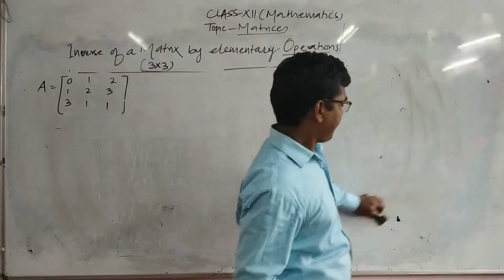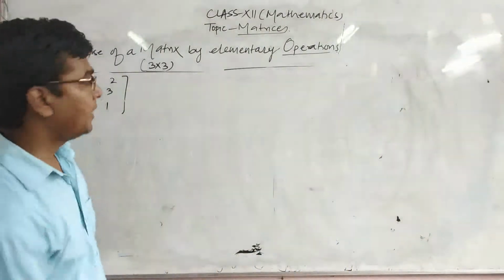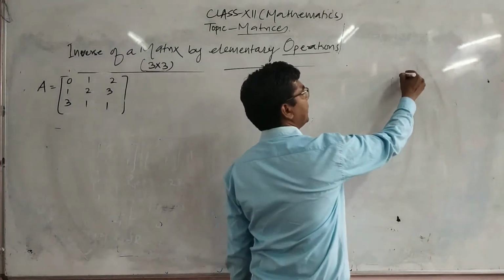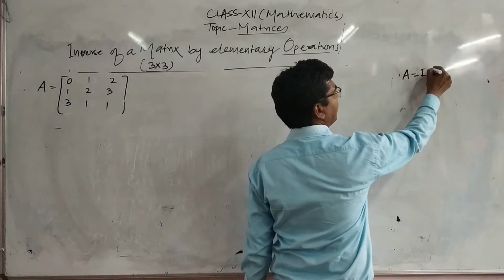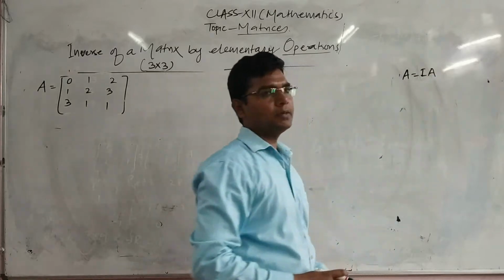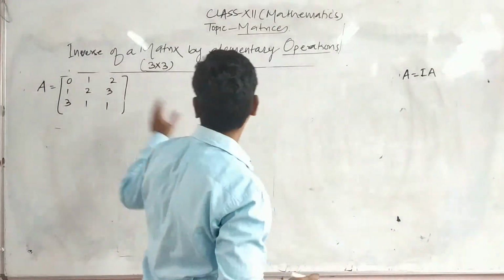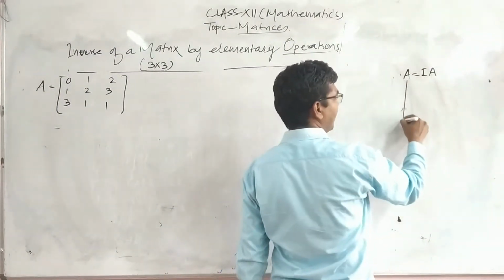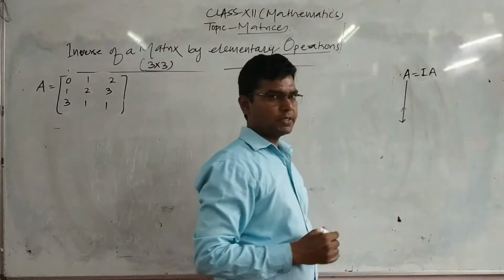So now again we know that we want to find out the inverse of the matrix A. So we have to apply the row or column operation.